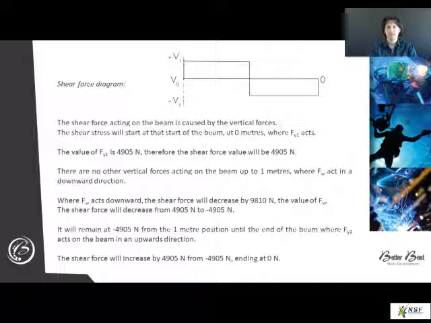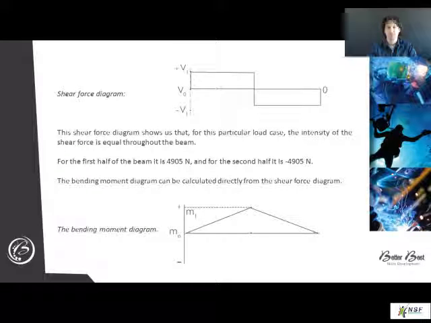It will remain at negative 4,905 newtons from the 1 meter position until the end of the beam, the 2 meter position, where Fy2 acts on the beam in an upward direction. The shear force will increase by 4,905 newtons from negative 4,905 newtons to 0 newtons. Notice the sum of the forces equals 0, static equilibrium.